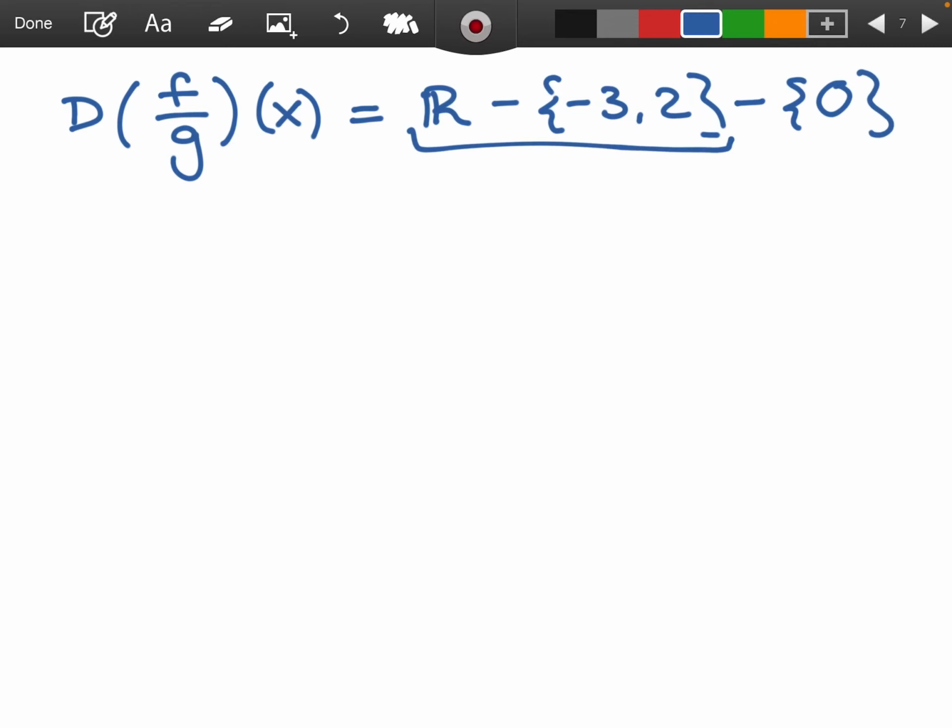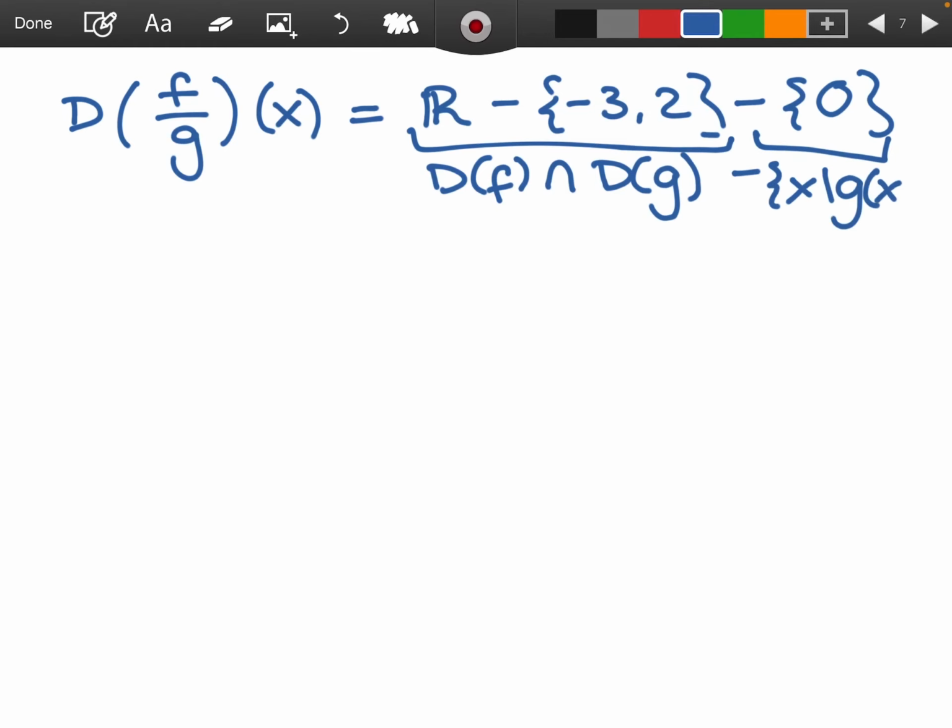So this part here is where the domain of f intersects the domain of g, and then I've taken out here any value x such that g of x equals 0. Okay? So if I put this all together, it's all real numbers except for -3, 0, and 2. That is my domain of f over g of x in this case.